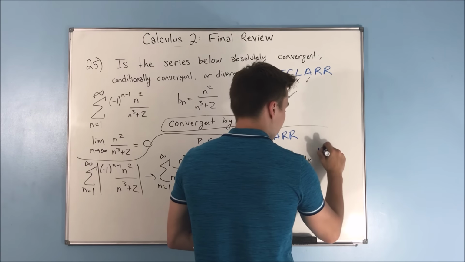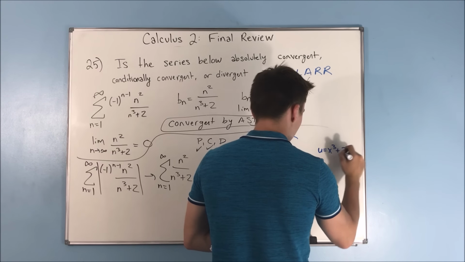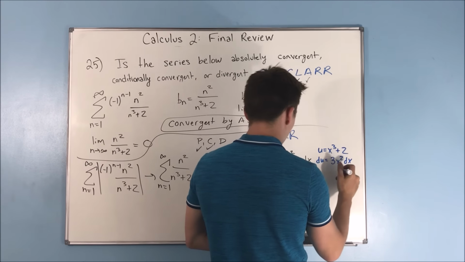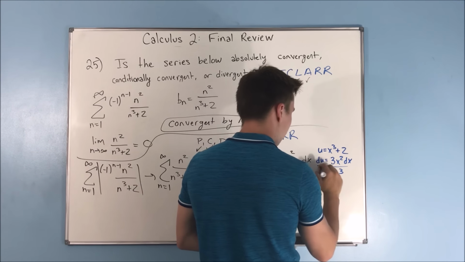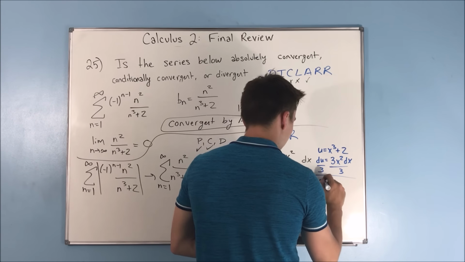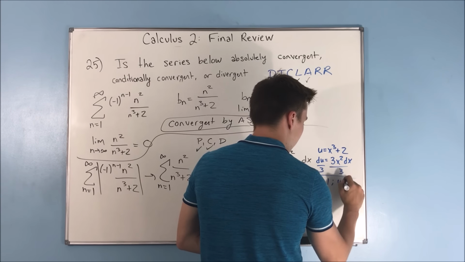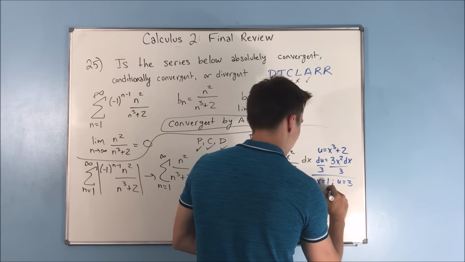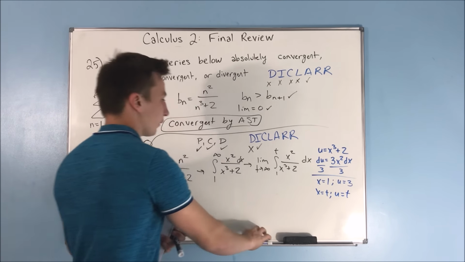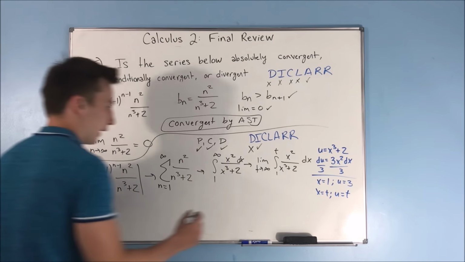So our u is going to equal x cubed plus 2. Our du is going to equal 3x squared dx, and we're going to need to divide off that 3. And we need to also do our bounds. When x equals 1, u will equal 3. When x equals t, u will equal t.